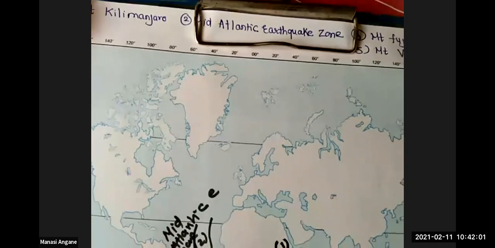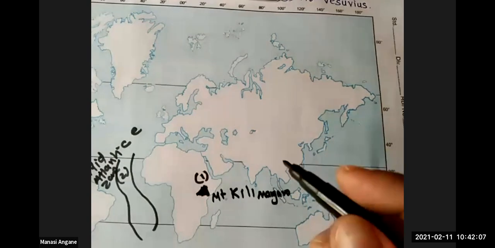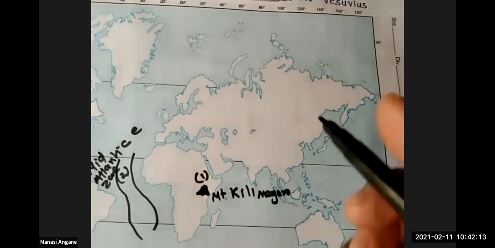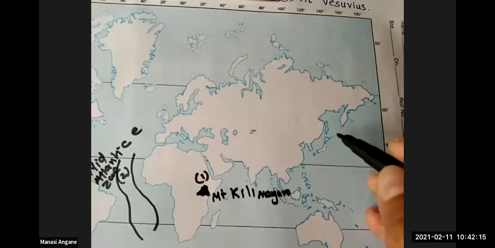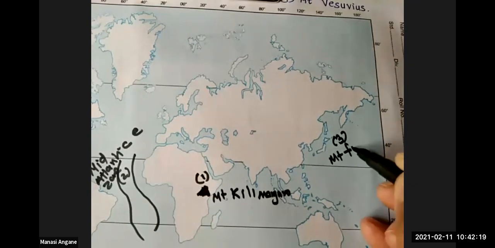Then Mount Fuji lies over here. Okay, here is the third thing, Mount Fuji.